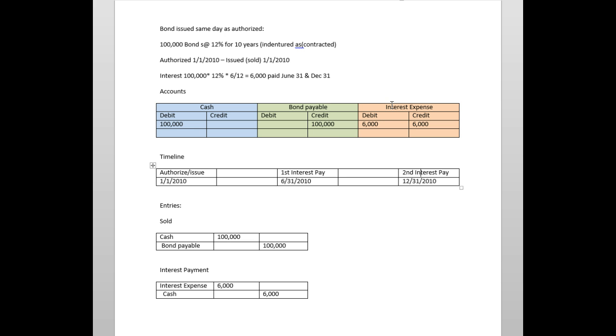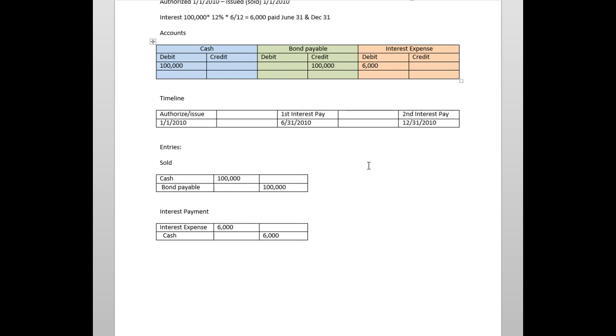And in June and December, I'm going to have interest payments. And you're always going to debit interest expense, and you're going to credit your cash account.